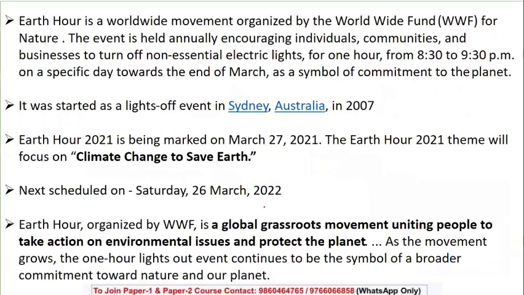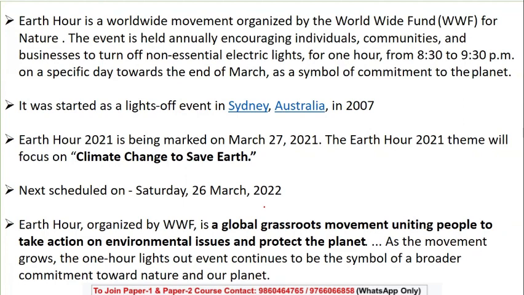Yes, there is a concept called Earth Hour, which is a worldwide movement by the World Wide Fund, encouraging individuals, communities, and businesses to turn off the electric lights when it is not essential to use them. For that, an hour is dedicated, from 8:30 p.m. to 9:30 p.m. on a specific day towards the end of March, as a symbol of commitment to the planet.